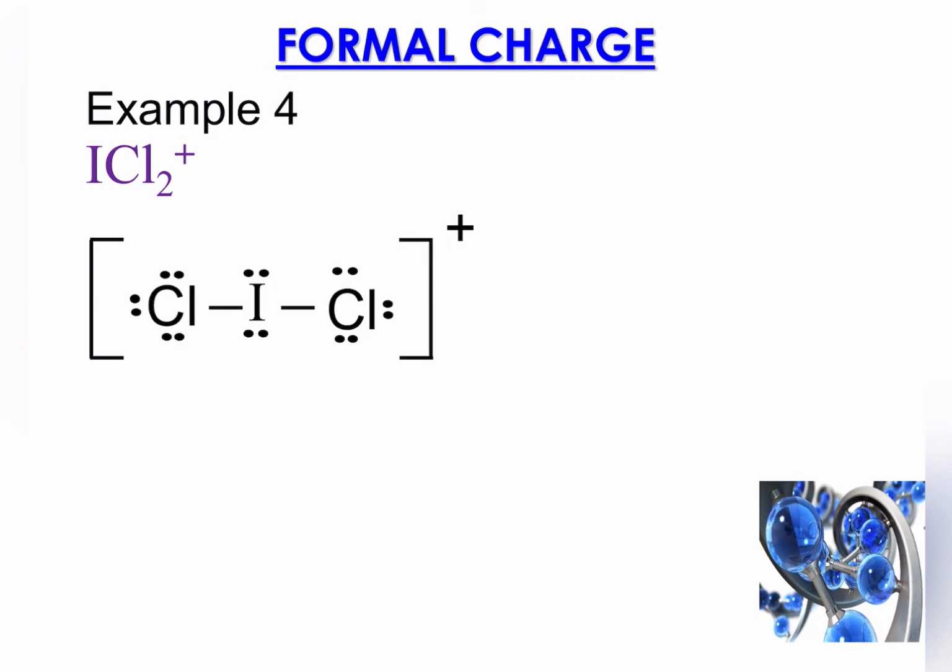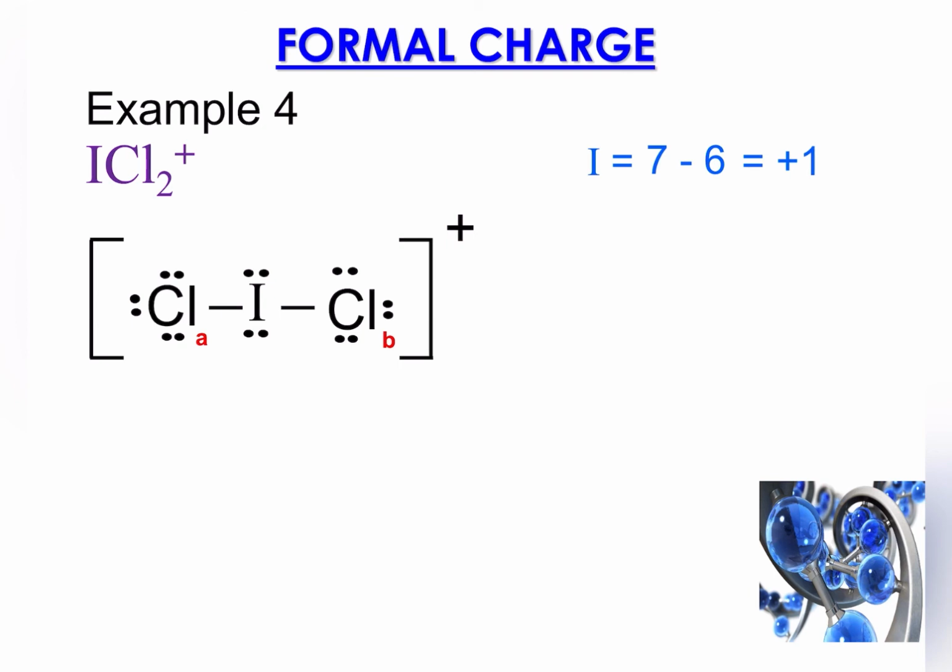So I'm going to divide Cla and Clb due to the same, and then we are going to calculate starting from iodine. So iodine has 7 valence electrons and all items around it adalah 6. So 7 minus 6, we will have positive 1 as the formal charge for iodine.